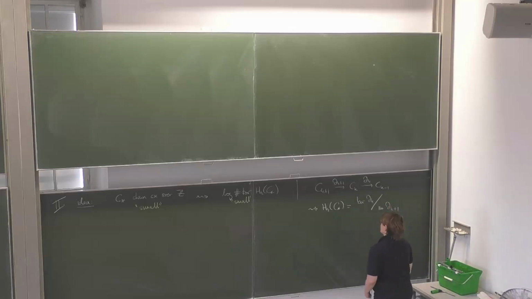If you're just interested in ranks, then it's more or less okay to understand a lot about the kernel of dk and then you're fine. But if you're interested in torsion, then this image of the boundary operator from one degree above might generate a lot of torsion, right? Large torsion with few generators.